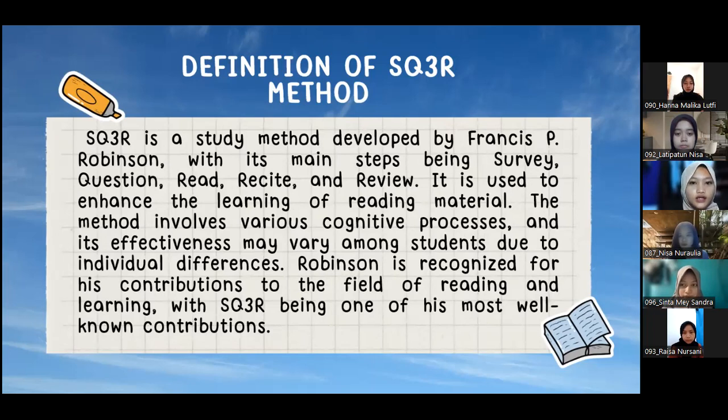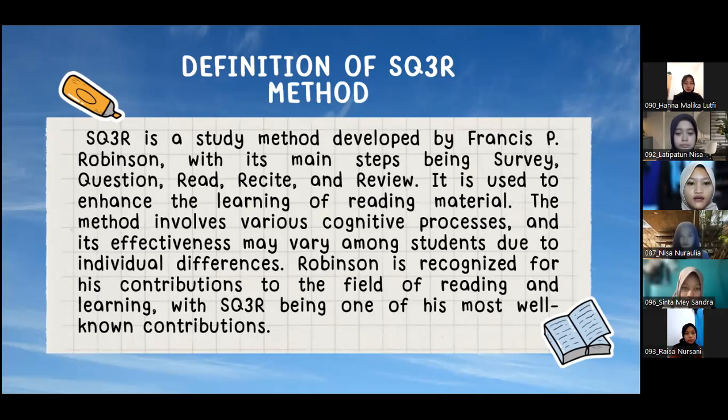So the definition of the SQ3R method is a study method developed by Francis P. Robinson with its main steps being survey, question, read, recite, and review. It is used to enhance the learning of reading material.